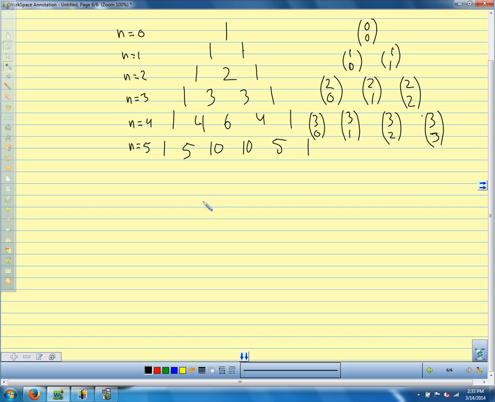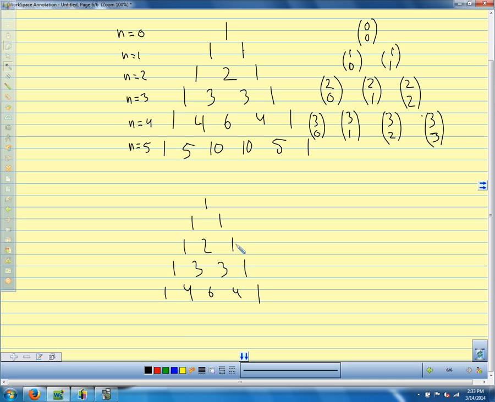So let me draw another Pascal's triangle. 1, 1, 1, 1, 2, 1, 1, 3, 3, 1, 1, 4, 6, 4, 1. So the outside edges are always 1. This second row are the counting numbers. 1, 2, 3, 4, 5. It'll keep going, 6, 7, 8.